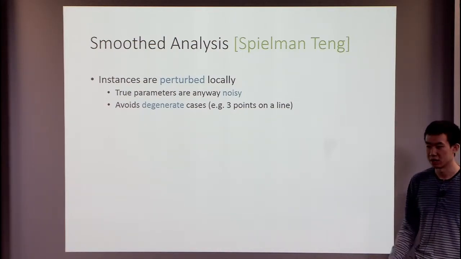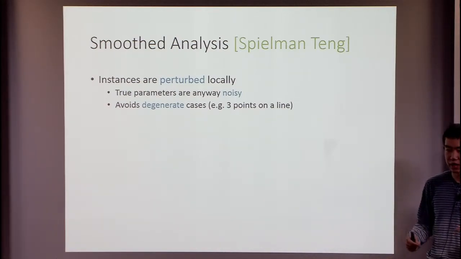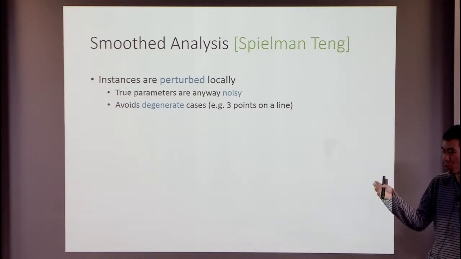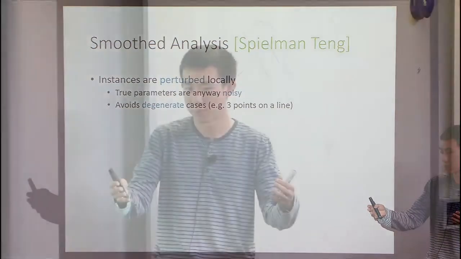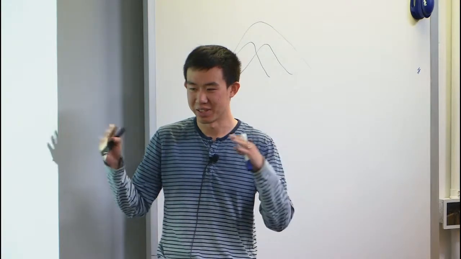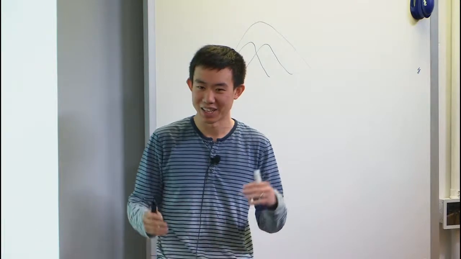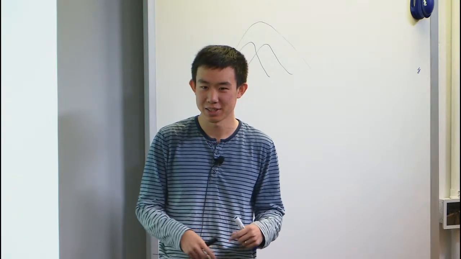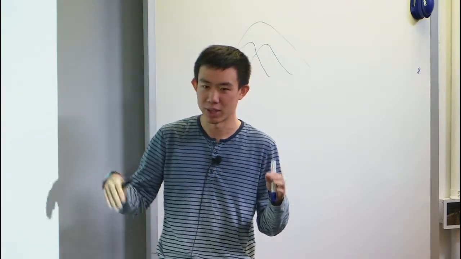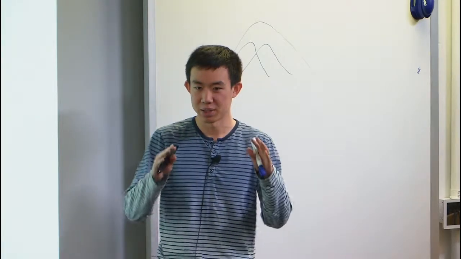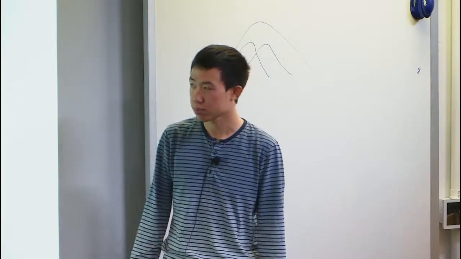First an adversary can choose an arbitrary worst case instance, but before giving this instance to the algorithm, either nature or some good guy will perturb the instance locally at random. Then this perturbed instance is given to the algorithm.